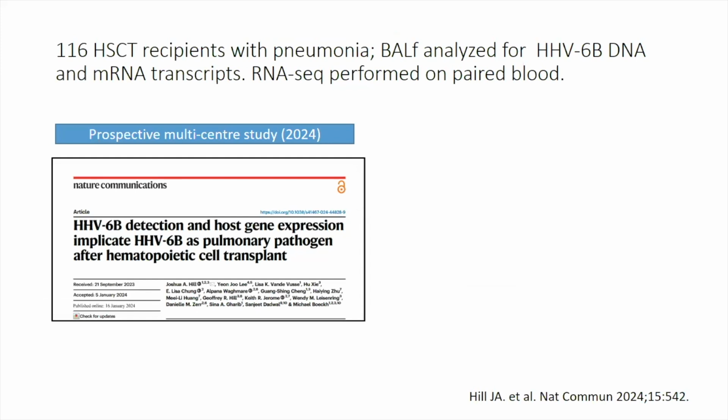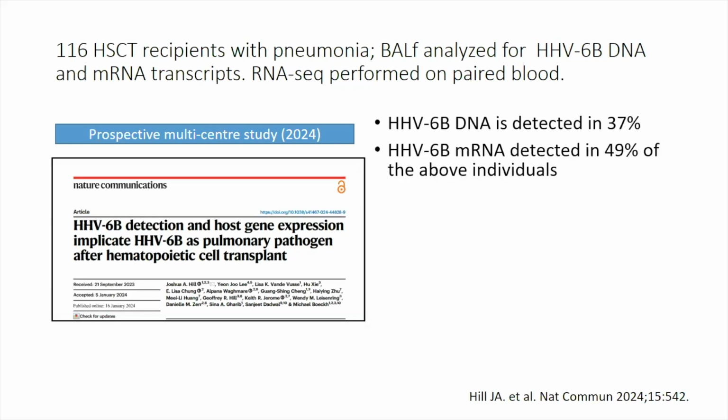They looked at 116 transplant recipients who got pneumonia, and they analyzed their BAL fluid for HHV6B DNA and their mRNA transcripts just to look for activity of the virus and not latency. And in parallel, they looked at the RNA-seq, so the cytokine and other signature of the host at the time.